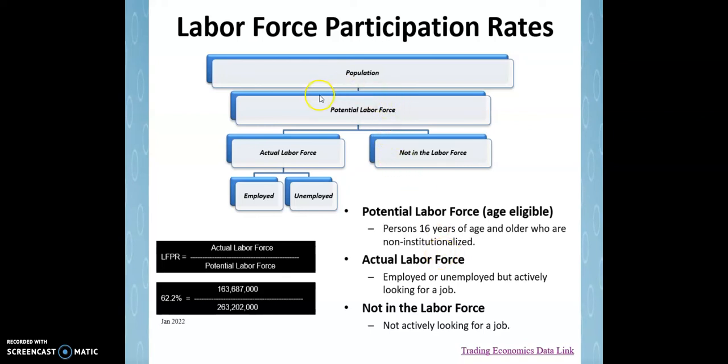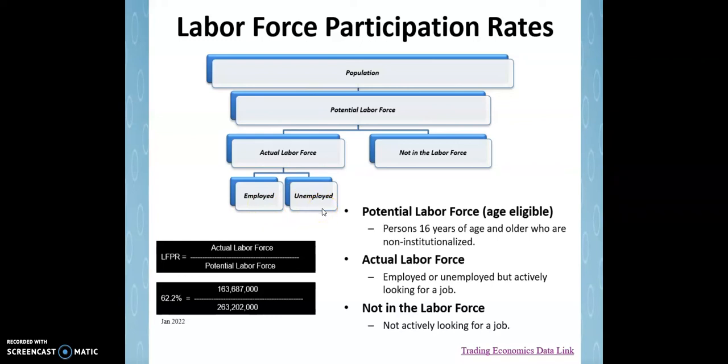From the potential labor force, we bifurcate into the actual labor force and not in the labor force. The actual labor force is then bifurcated into employed and unemployed. So to be part of the actual labor force, you are either working or you're not working but actively looking for a job.